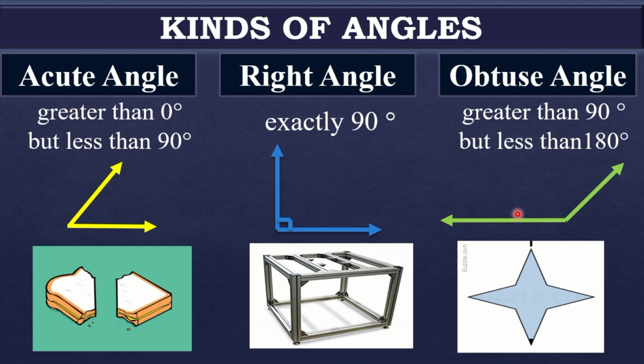Kapag naman sumobra, kasi ito ang half niya, di ba? Pag dito, from here, kung dito yung line niya, 90 yon, sumobra siya sa kalahati. So, that is obtuse angle. Okay? So, paano madaling tandaan? Pag wala pa sa kalahati, acute angle. If it's exactly 90 degrees o nasa gitna, right angle. At kapag lumampas siya sa half, that is already obtuse angle.